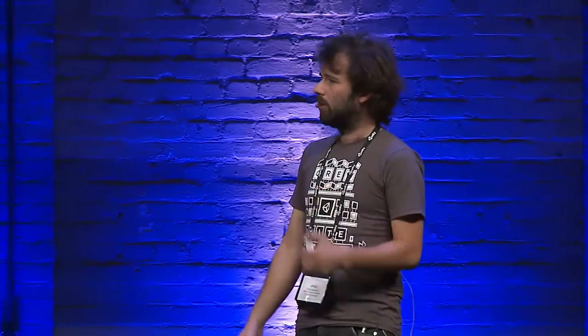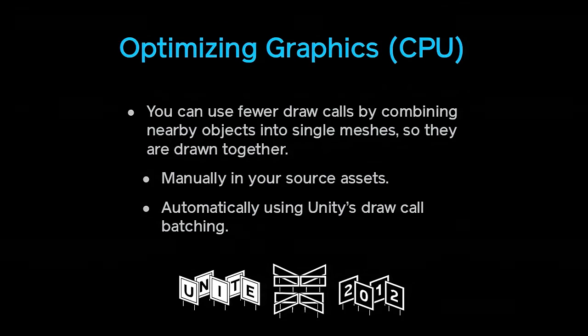So what you can do to lower your draw call count is to combine your meshes. As I said, each mesh sent to the renderer is one draw call. So you can combine multiple meshes to be one big mesh, so it can get sent to the GPU in one chunk, as long as all these meshes use the same material.